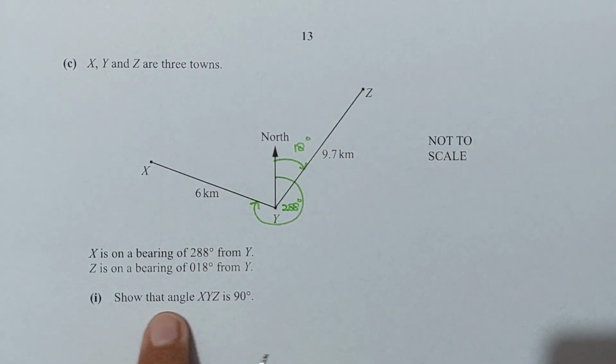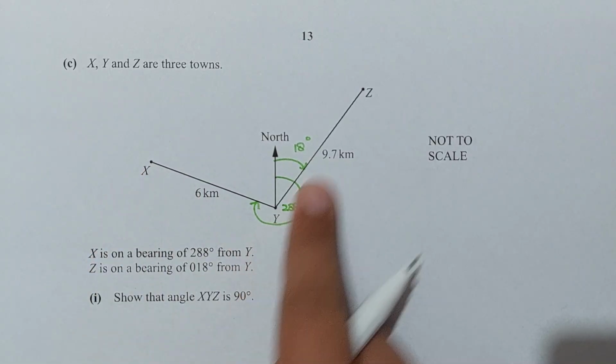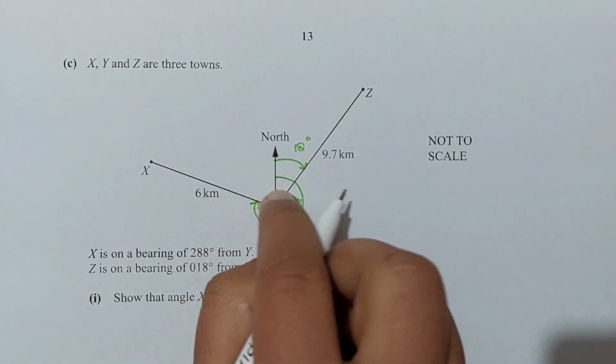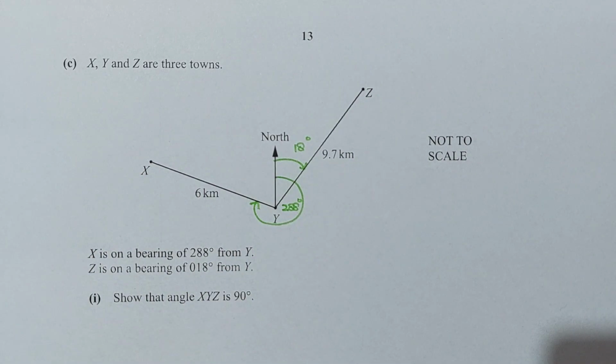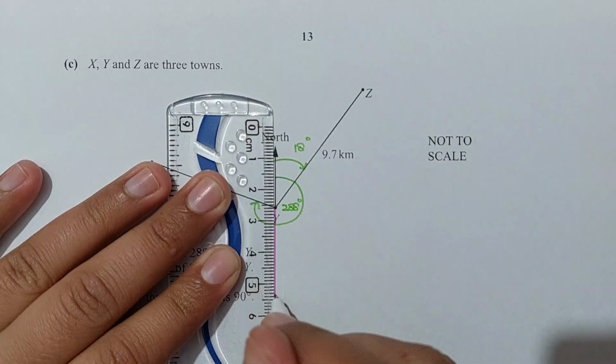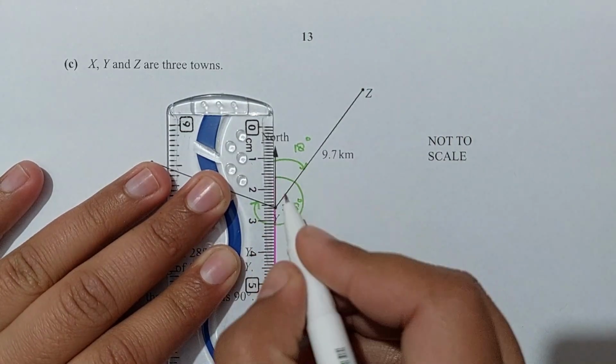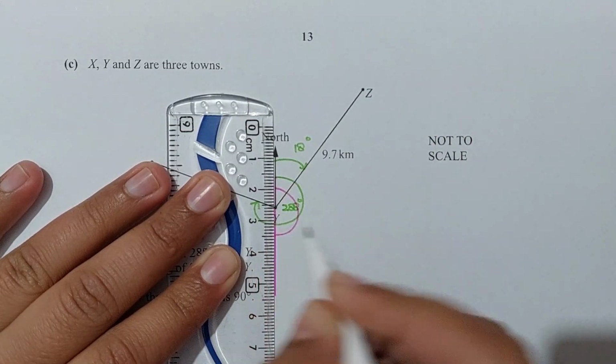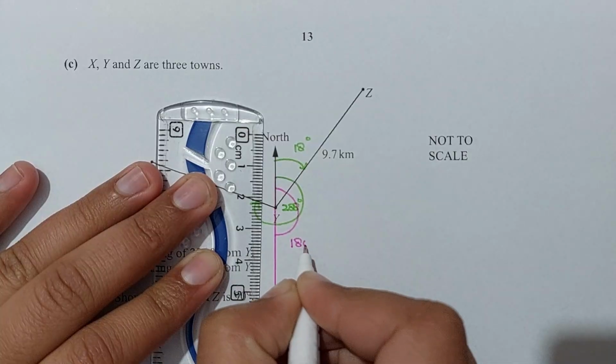Okay, number 1, show that the angle XYZ is 90 degrees. X, Y, and Z. This angle is 90 degrees, we have to show. Okay, so if I extend this north line, it is a straight line, right? And this angle, the pink one, is 180 degrees, right?